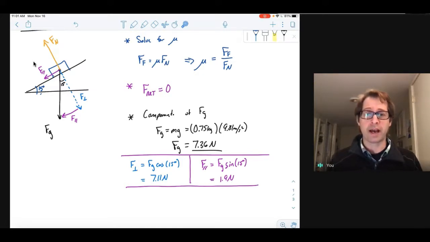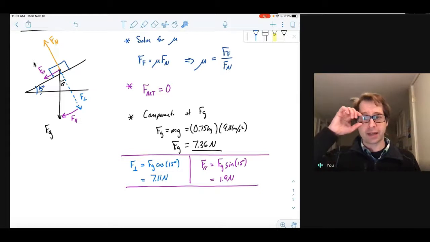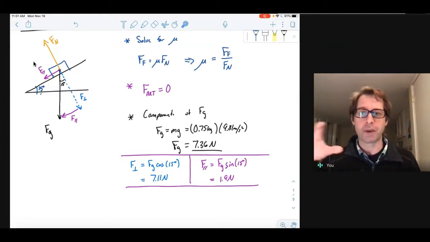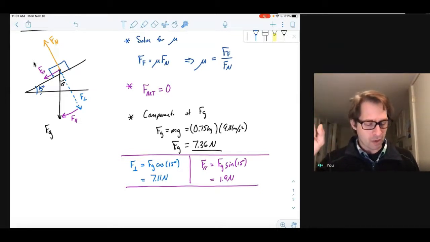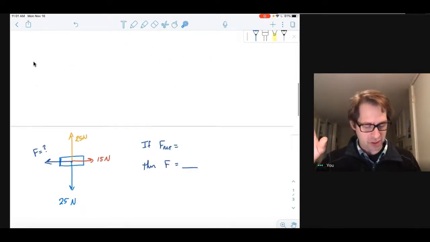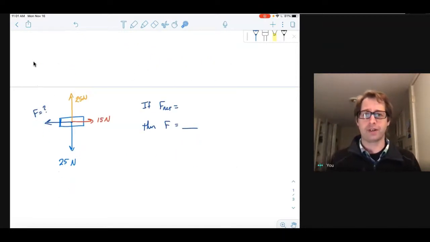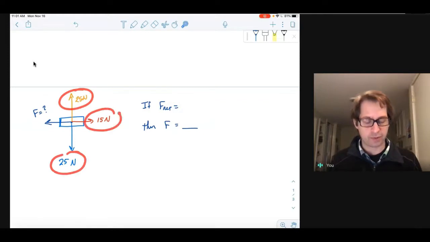All right, now once we've done that, we can set up some more conceptual things about our free body diagram. What I want you to think about is just a different free body diagram for a second. Let's say, for example, I have 4 forces acting on an object. I have an upwards force, a downwards force, and a sideways force.